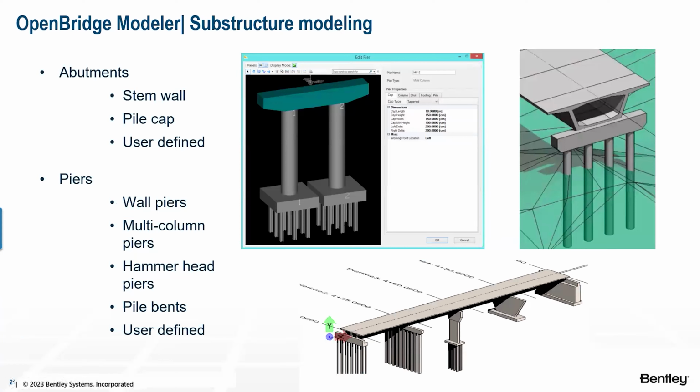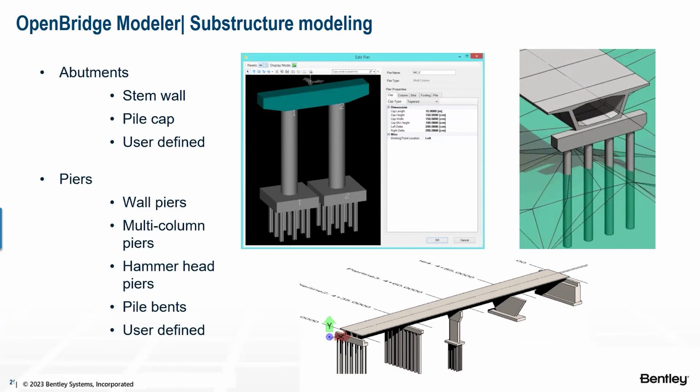This is mainly for the upper part of the bridge, but we also have the possibility to place all the substructure, meaning abutments and piers. We will see that we have two different kinds of substructure.